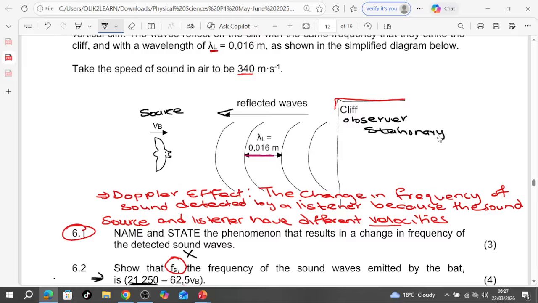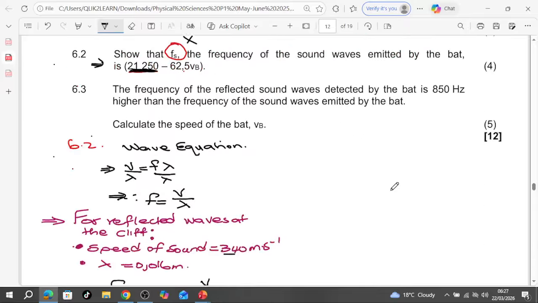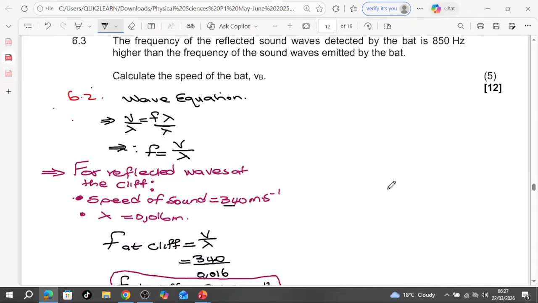Guys, I don't know how they teach you Doppler effect at school, but what my teacher used to tell me is that, first thing first, to choose the correct formula to use, number one, write what you know about the source. The source is moving, which is the bat. Number two, tell us what you understand about the observer. The observer is stationary.